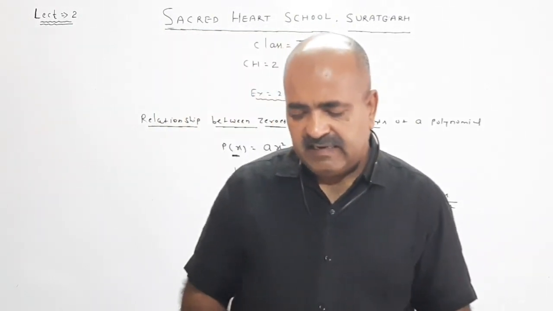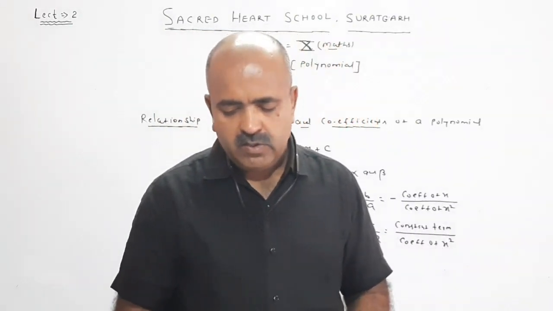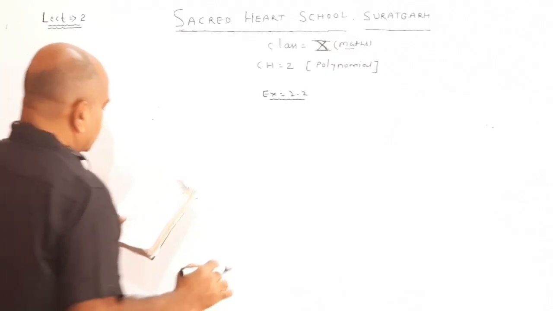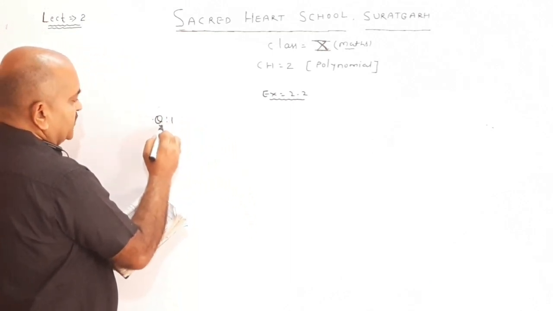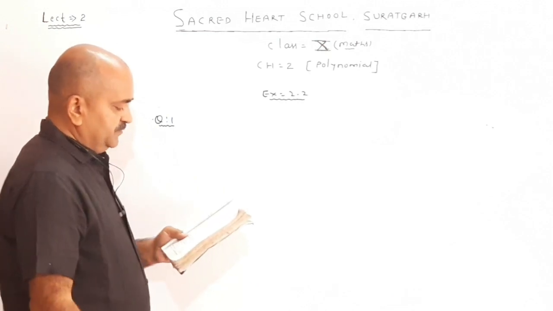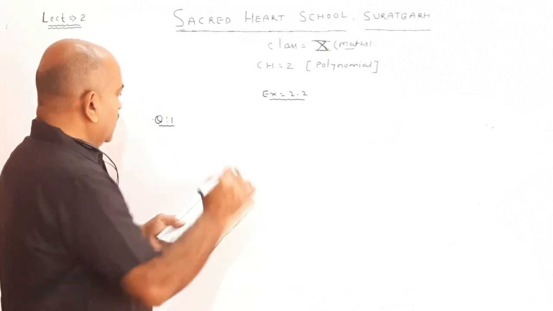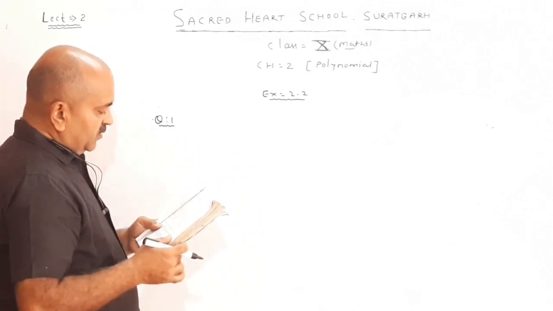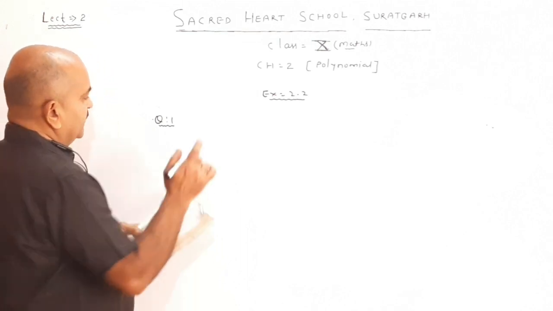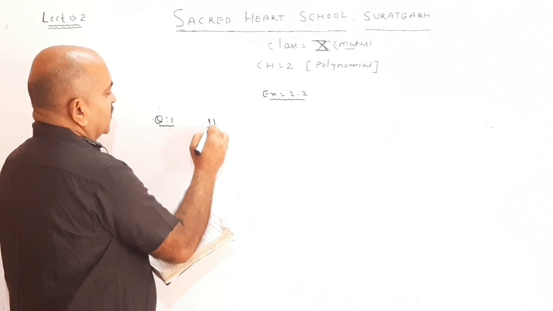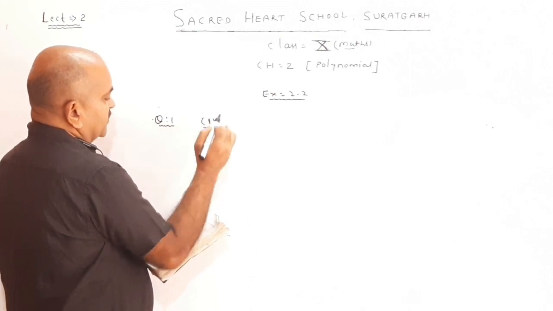Now we start exercise 2.2. So students, exercise 2.2, question number first. Students, in this question, first 6 parts are given. I solve question number first part.